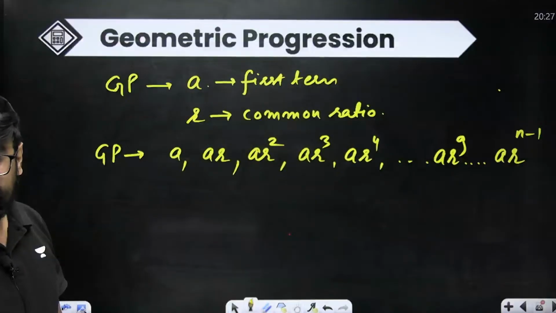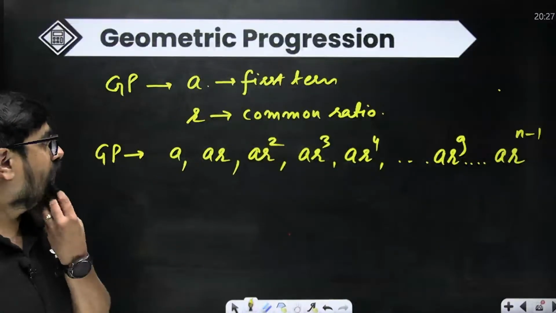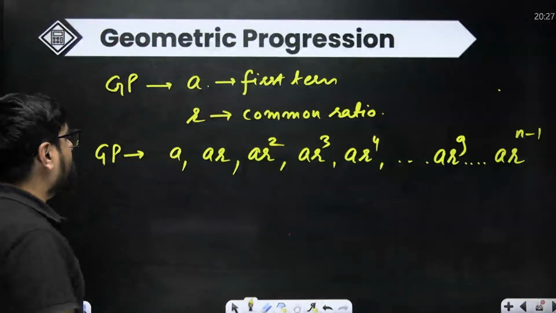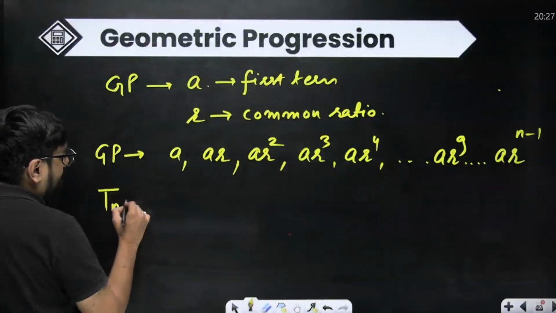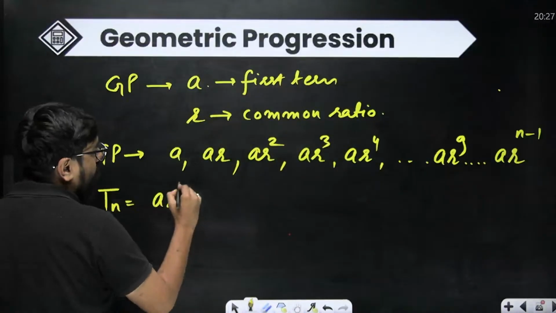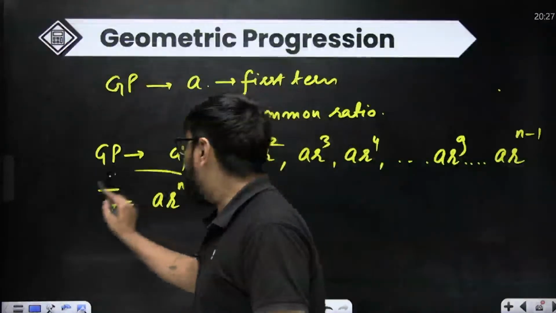Correct? Tn divided by Tn minus 1 is equal to R. Very good, Aditya. AR to the power n minus 1 will be your nth term. So the general term Tn comes out to be AR to the power n minus 1. This is your general term, any term.